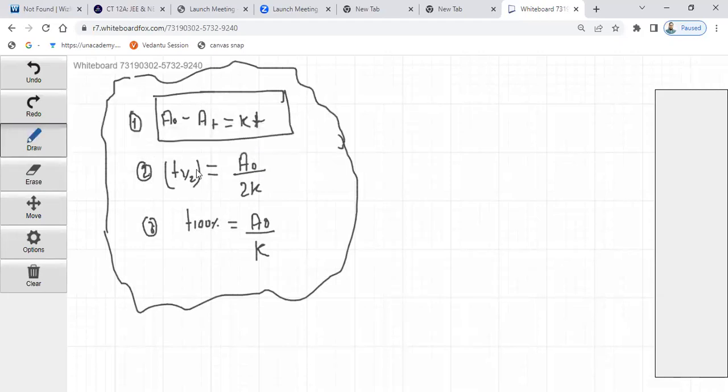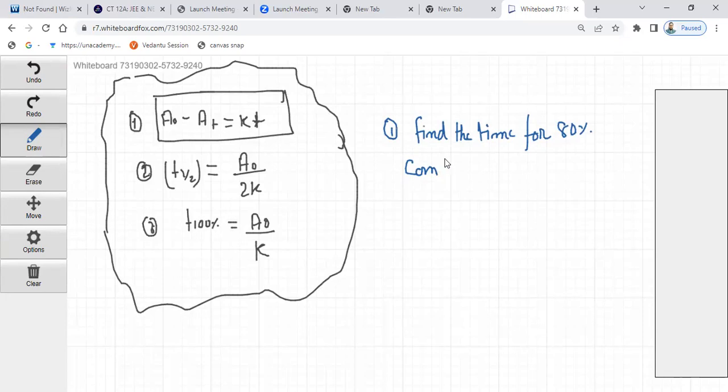After that, if in the question it is given, find the time for 80% completion. Today we will do the practice session only for chemical kinetics, so that in your JEE and NEET examination, no theoretical portion will come from chemical kinetics.